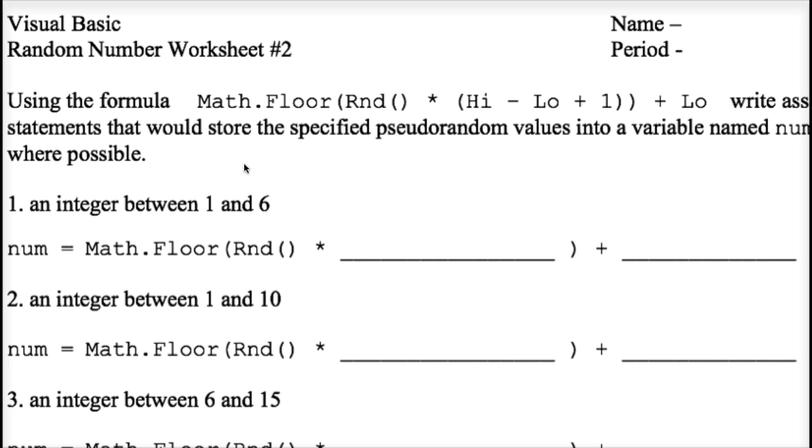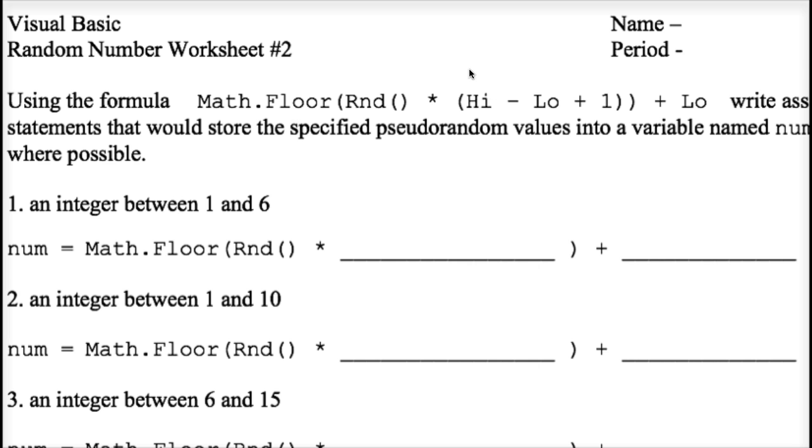If you want to create a program that rolls a 6-sided dice, so you want your program to come up with a number between 1 and 6, and you want the computer to do that randomly, here's what you would do.